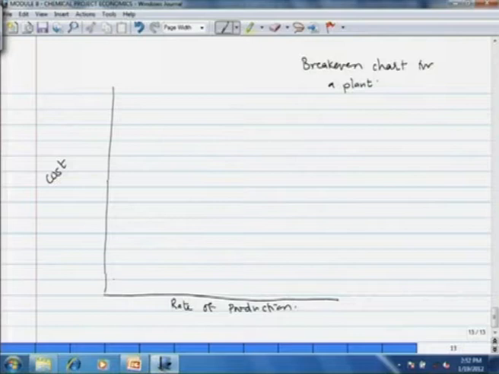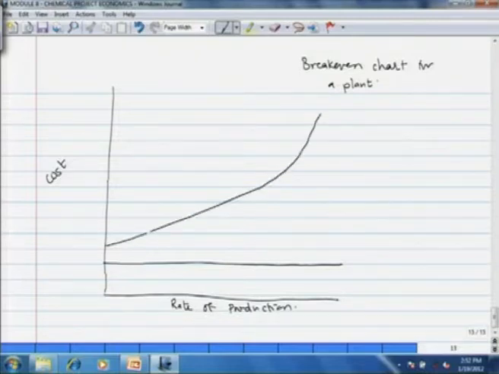Now as I said, costs such as maintenance and depreciation are independent of the rate of production. Therefore, these are fixed charges. So these remain constant irrespective of whether the equipment is functioning or not. The total production cost increases as the rate of production increases. However, it is not linear.